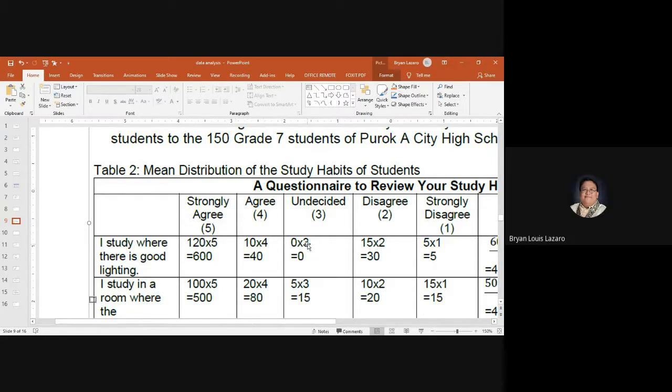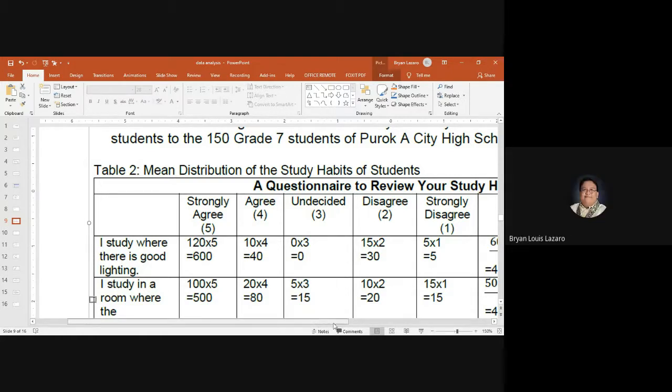Ilan yung undecided? 0 po. Ilan yung disagree? 15. And ilan yung strongly disagree? 5. Very good. Ngayon, imumultiply nyo yun, kada isang response, doon sa kanyang weight o yung tinatawag nating number. So kung 5 ang kanyang weight, imumultiply mo siya sa 5. Nakuha ko?